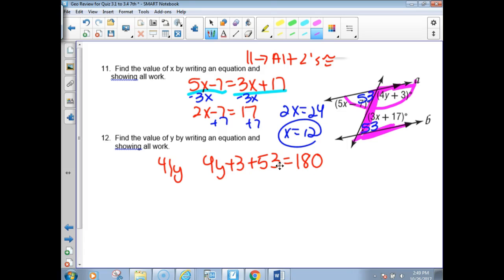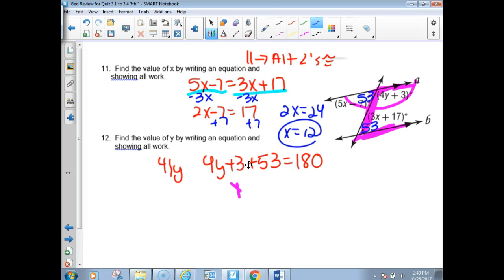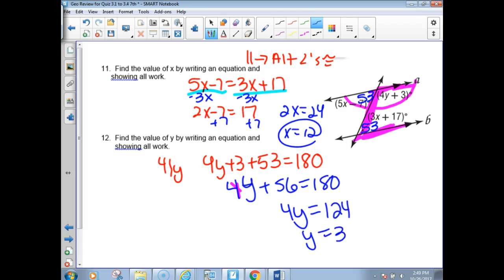So that's why I did 4y plus 53 is 180. So when you solve this, you get 4y plus 56 equals 180. You subtract 56, and you get 124. Divide by 4, you should have had 31.